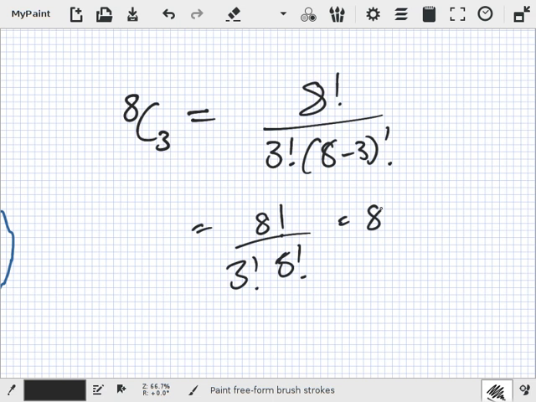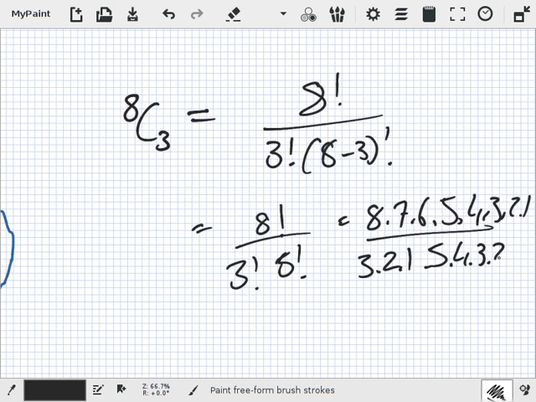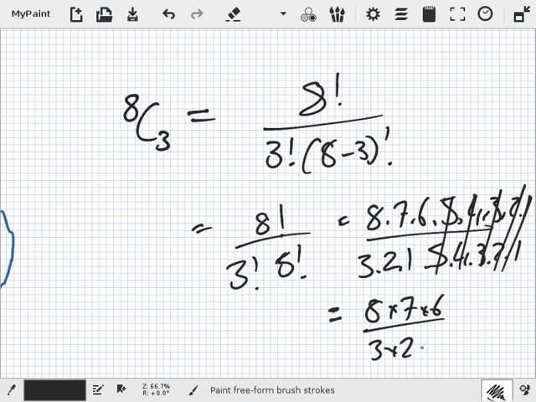So that's 8 times 7 times 6 times 5 times 4 times 3 times 2 times 1 over 3 times 2 times 1 times 5 times 4 times 3 times 2 times 1. Cancel. So it would be 8 times 7 times 6 over 3 times 2 times 1. What's that, 56?